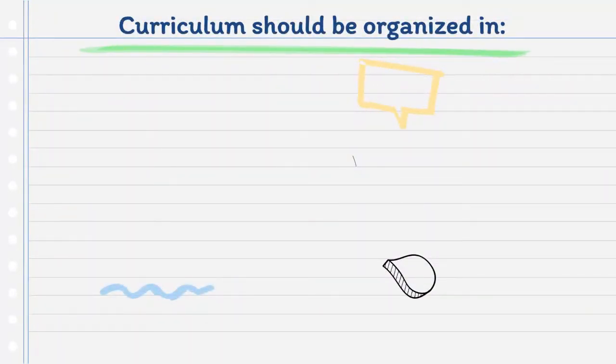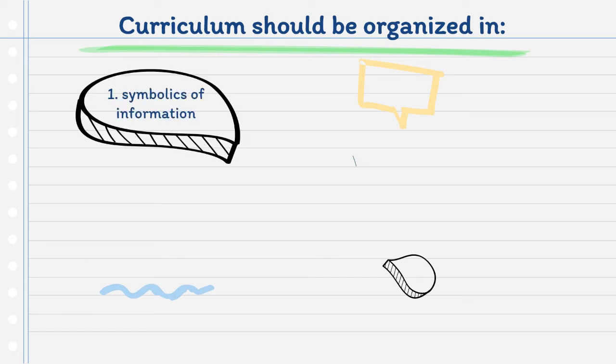In broad fields design, Harry Brody and colleagues suggested that the entire curriculum should be organized in these categories. Number one, symbolics of information, such as English, foreign languages, and mathematics. Number two, basic sciences, such as general science, biology, physics, and chemistry.